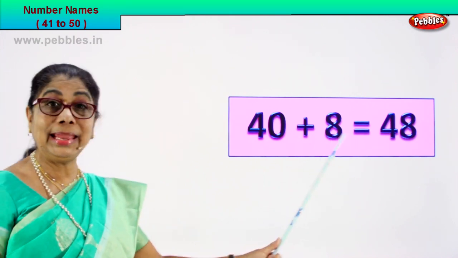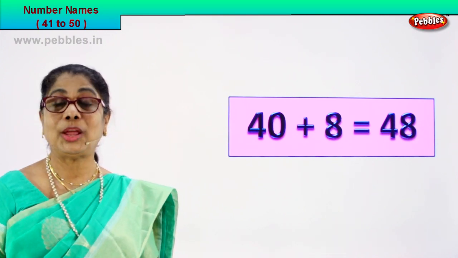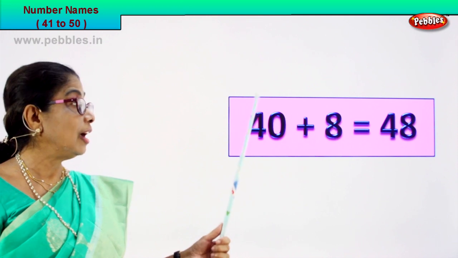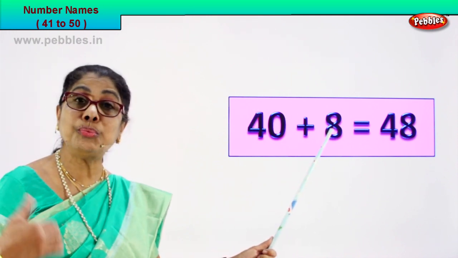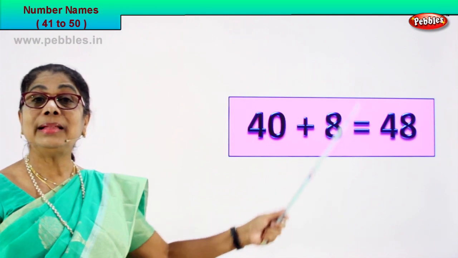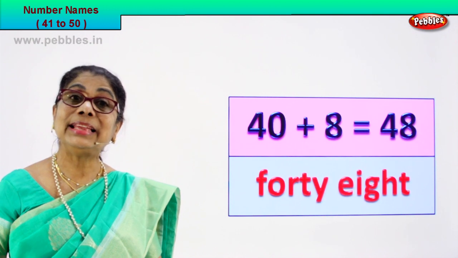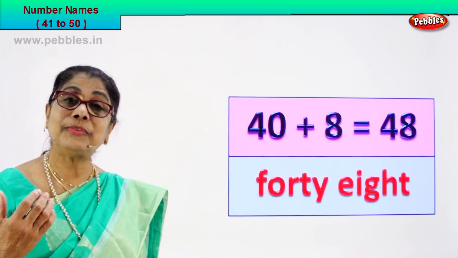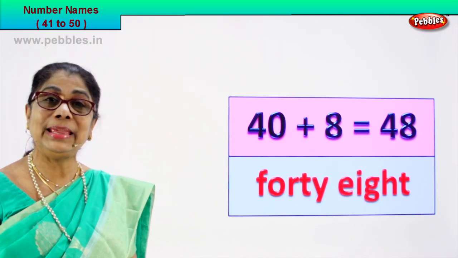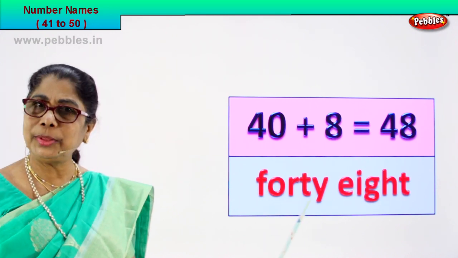We can also read this as 40 and 8 more is equal to 48. The number 48 is written as its name. We spell and write it. Look, read with me.